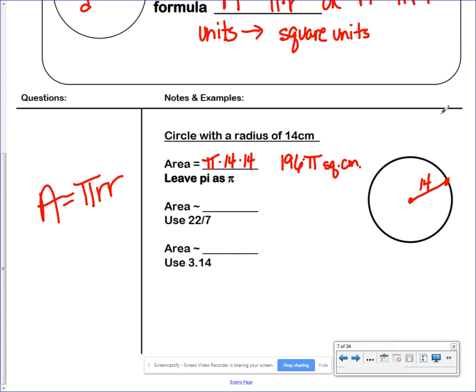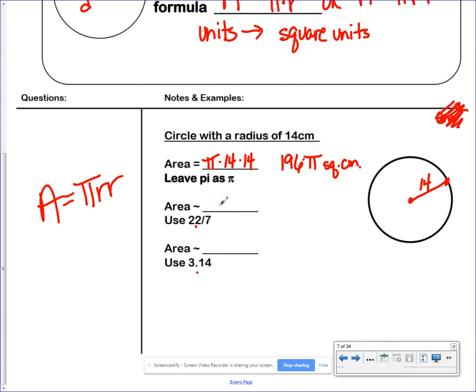I abbreviate it that way. I know that some people put the units like centimeters to the second power, but I've noticed sometimes students get a little sloppy and they move that exponent in by the number, and that's totally dangerous. So I just abbreviate it this way, square centimeters. Now, because this is kind of hard to imagine how big this is when we leave pi as that symbol, we can use one of the two approximations.